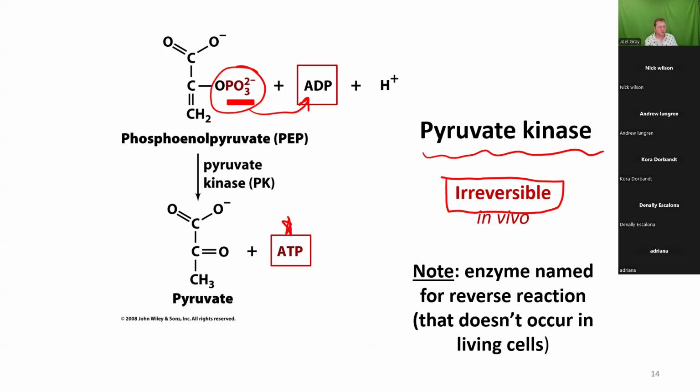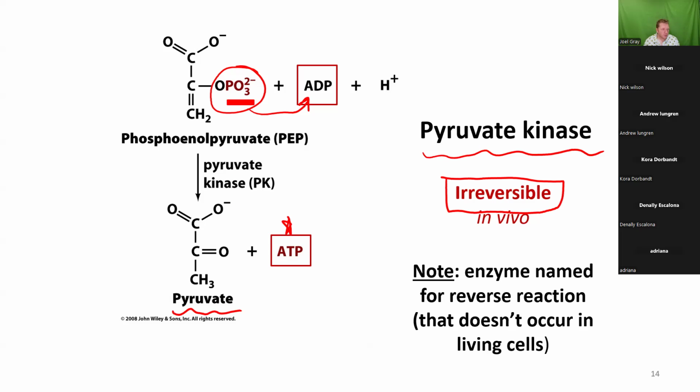This takes phosphoenol pyruvate and makes ATP and pyruvate. Okay, so this is where we're done. So what's our net ATP? 2. We've got positive 2 ATP.